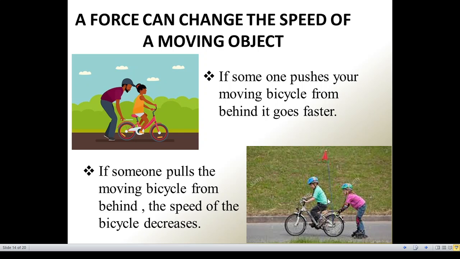Therefore, the speed of the bicycle decreases. So a force can change the speed of a moving object. Either this force can increase the speed or it can decrease the speed of a moving object. It depends on in which direction you are going to apply the force.